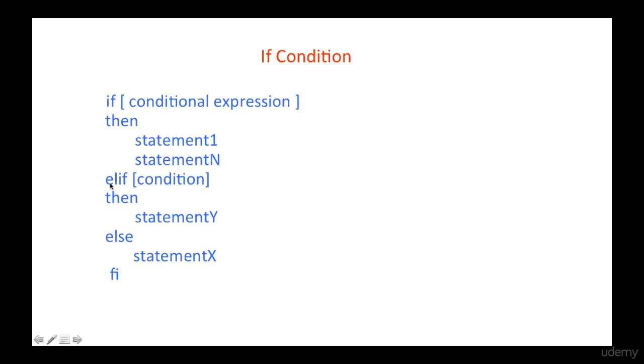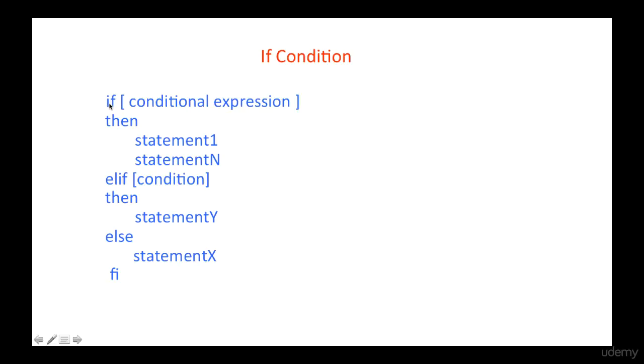Mind it, this is like else if, but in bash it's used as a shorthand notation called elif, with exactly the usage of else if in other programming languages. You cannot write else if, you have to write elif. Now for the elif condition, if this condition is true, it will go here and execute this statement. If this condition is false, then it will go to the else statement and execute it.